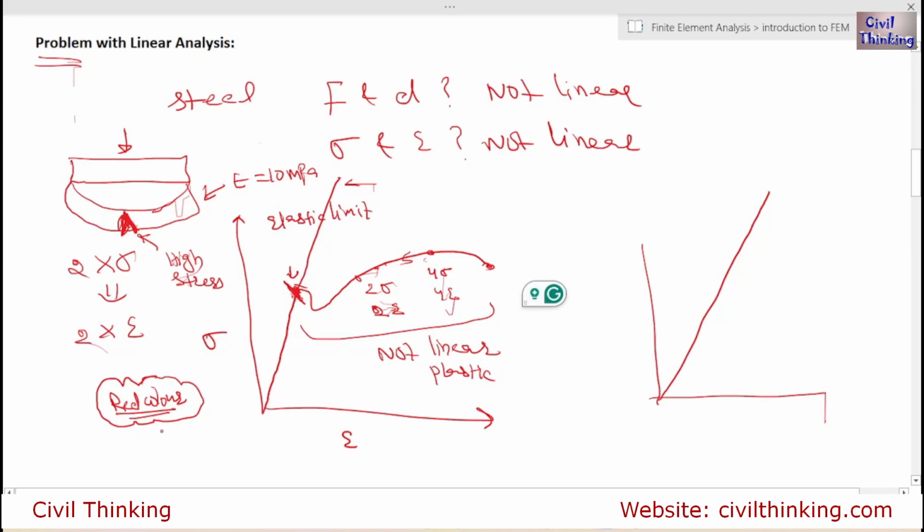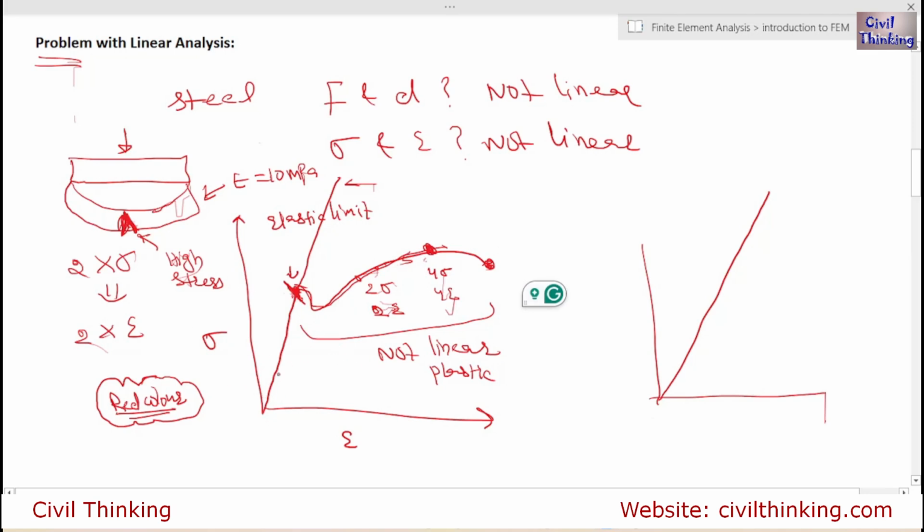So you will have to use your mind then. Now when you keep a non-linear analysis, it will truly follow this path. Then this is the ultimate stress point and this is the fracture point. So this is the problem with linear analysis.